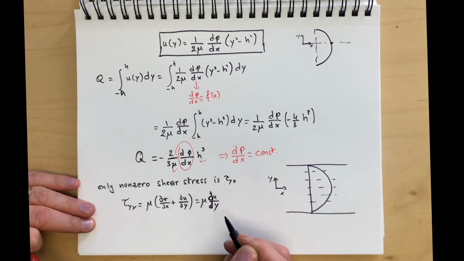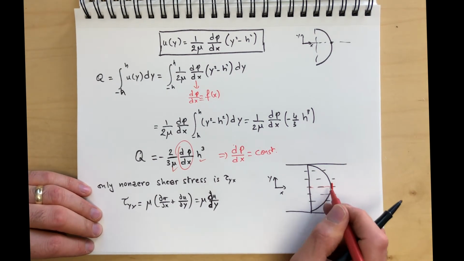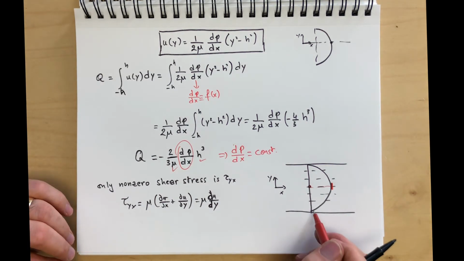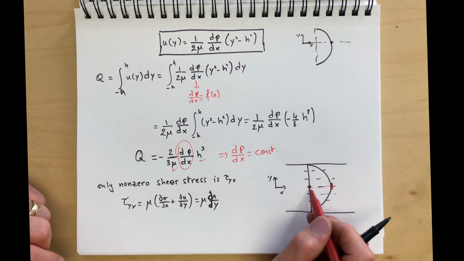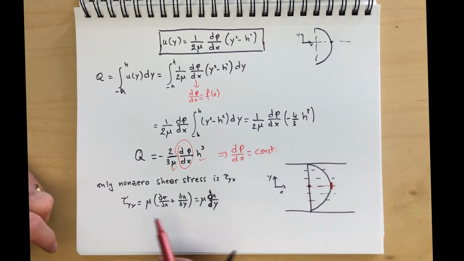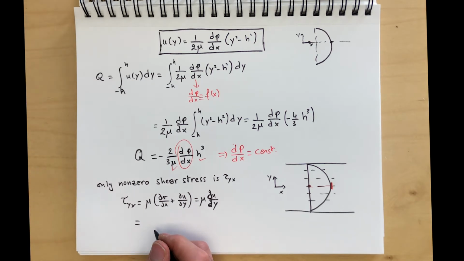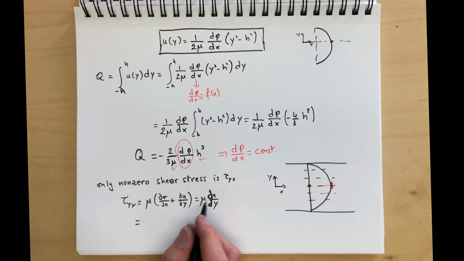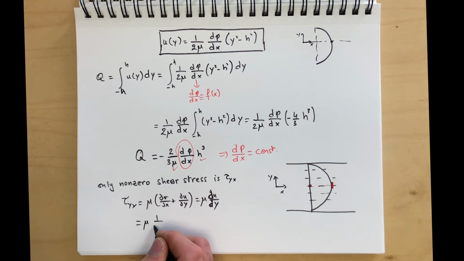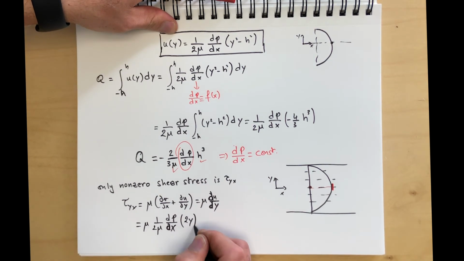So we expect that when du by dy is 0, the shear stress is going to be 0, and indeed du by dy over here is 0, so we expect 0 shear stress here, and maximum shear stresses near the walls. The direction of these shear stresses is dictated by whatever sign we have here. So if you do mu du by dy, we have mu times 1 over 2 mu dp by dx, and that's times 2y.